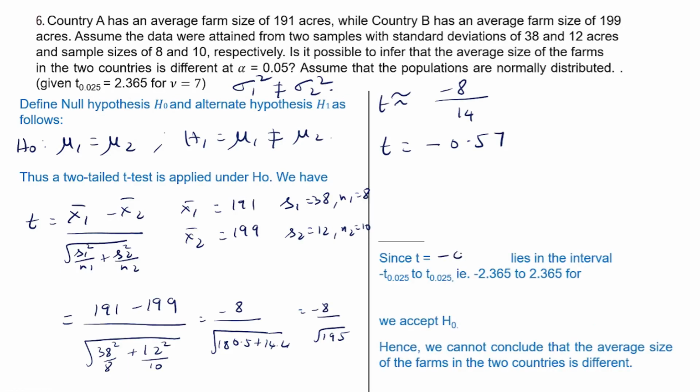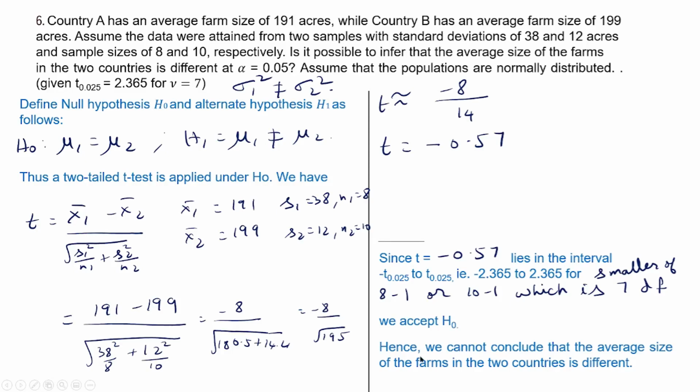Since t equal to minus 0.57 lies in the interval minus 2.365 to 2.365 for the smaller of 8 minus 1 or 10 minus 1, which is 7 degrees of freedom, we accept H0.